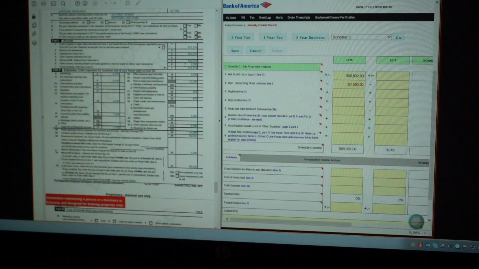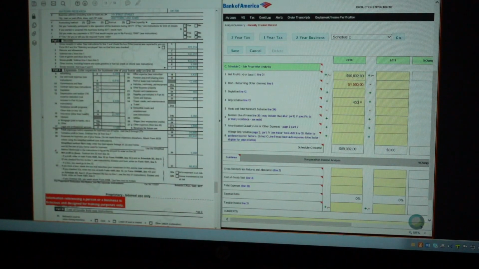Because you have to subtract the non-recurring income that we have here, which is on line number 6, $1,500. Then you're going to take your depletion, which is line number 12. We don't have any. We're going to add depreciation, which is line 13. It's 4,538.